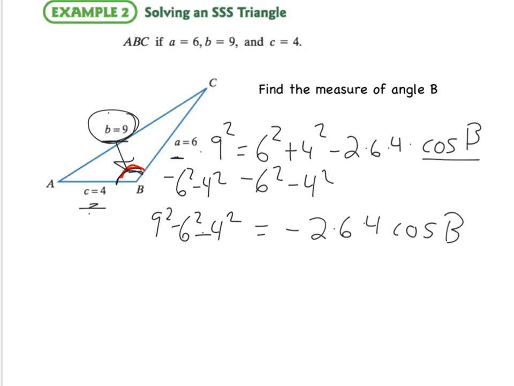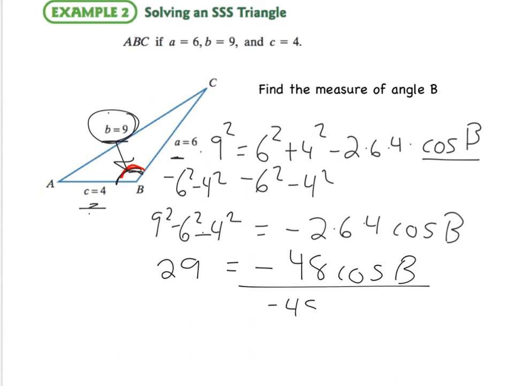So then if I type this in, 9 squared minus 6 squared minus 4 squared, I get 29 on this side, equals negative, and when I type in 2 times 6 times 4, I end up with 48 cosine b. So I'm solving for cosine b. I need to divide by that negative 48.